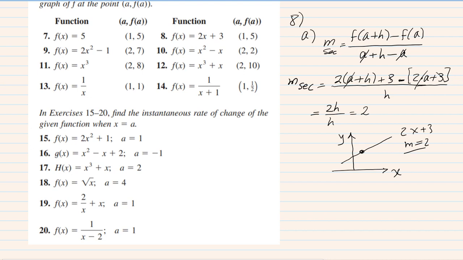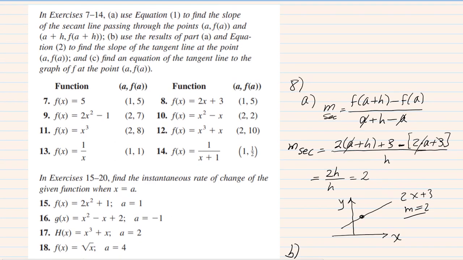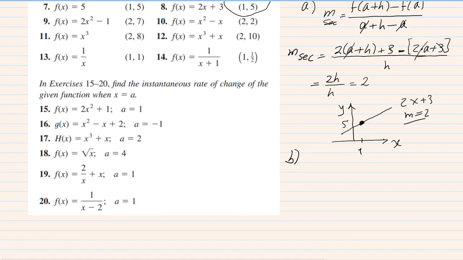Okay, now in part B, it says use the result of part A, where the slope is always 2, doesn't matter now. What they want you to do now is find the slope of a tangent at the point a, f of a. For number 8 this point is at point (1, 5). So imagine this is (1, 5). There you go. They say, what's the slope at that point? Well, it doesn't matter.